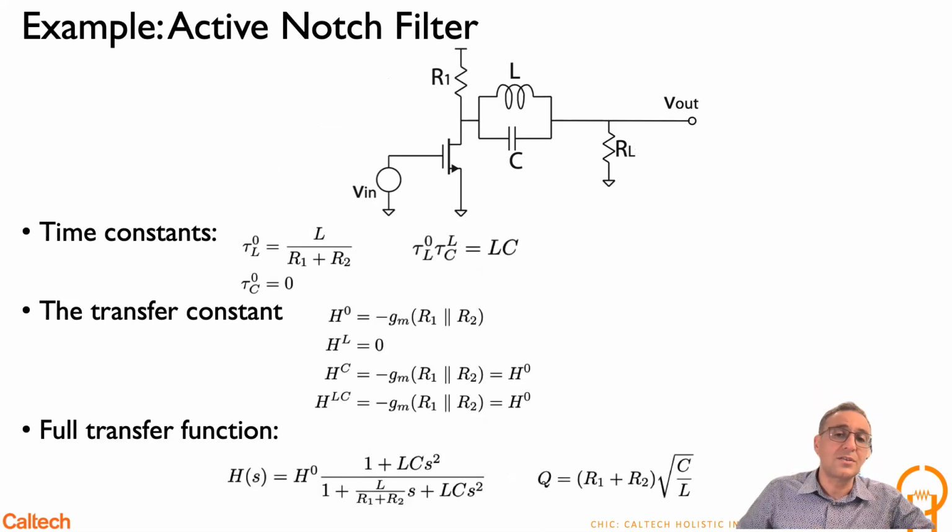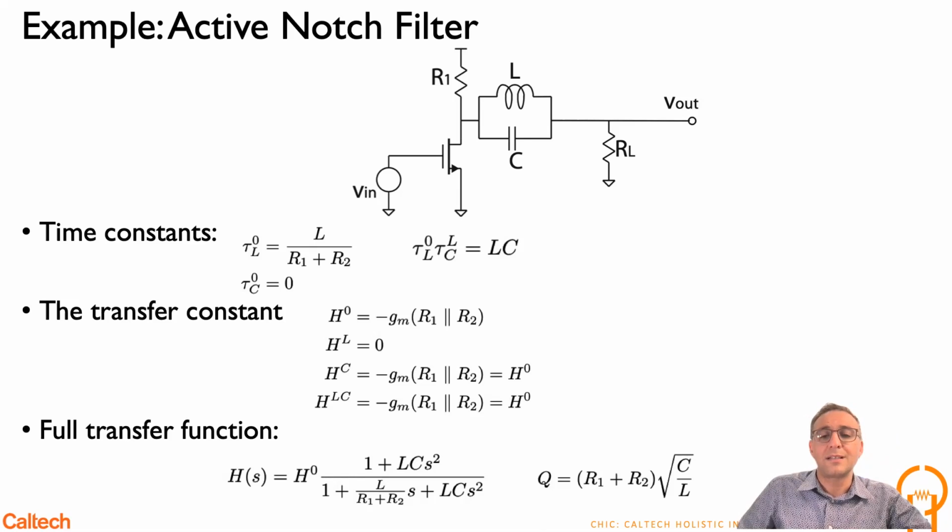And the transfer constants are interesting because actually 3 out of the 4 transfer constants are non-zero. The highest-order transfer constant here that's non-zero is second order, which is H_LC, which says that all 3 of these are the same. This is interesting because when all 3 of them do not change polarity and do not change value, that means you are dealing with a situation where you can have, for example, jω zeros on the jω axis.